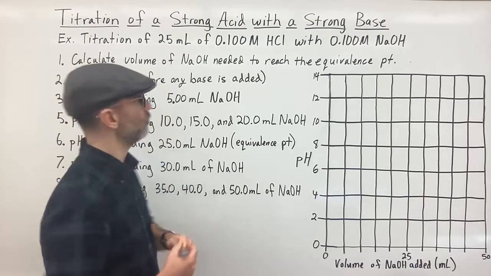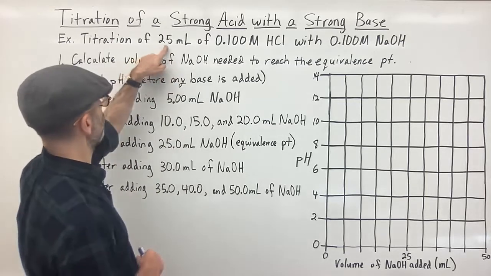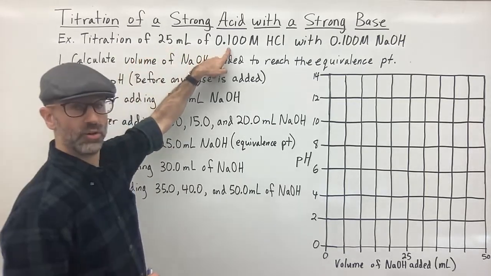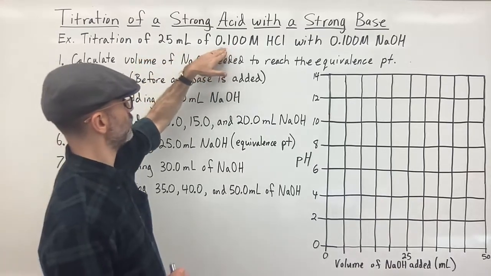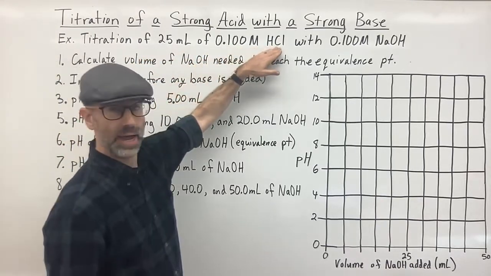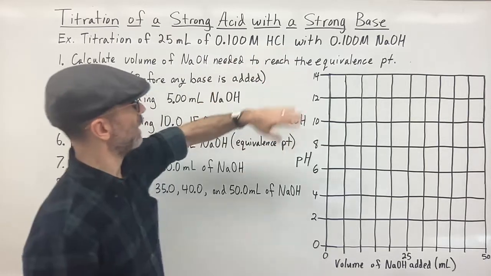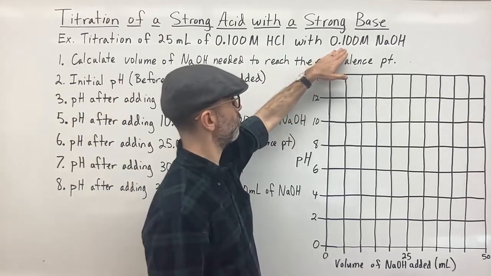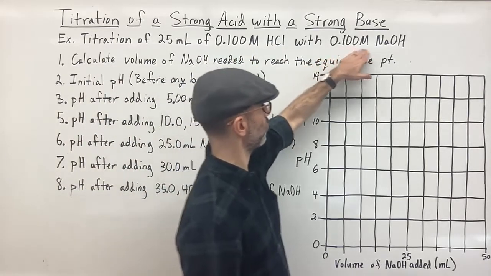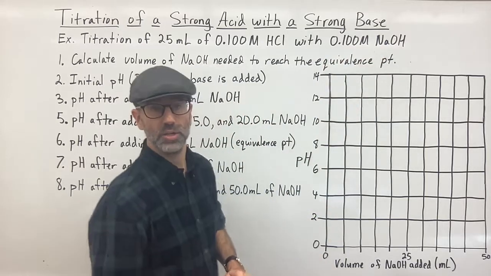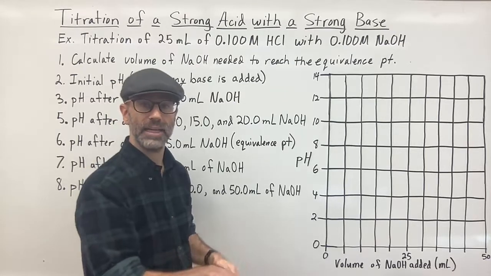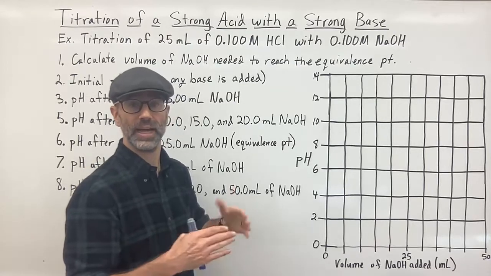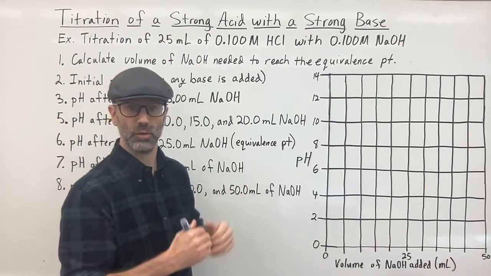So here's our problem. We're given 25 milliliters of a 0.100 molar acid, HCl, and we're titrating that with 0.100 molar NaOH. We need to know the volume of NaOH we need to add in order to get to that equivalence point. And again, the equivalence point is where the moles equal each other.